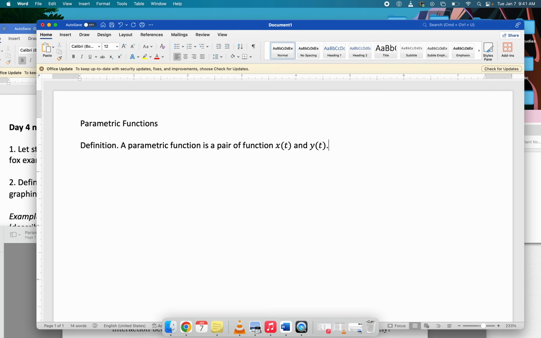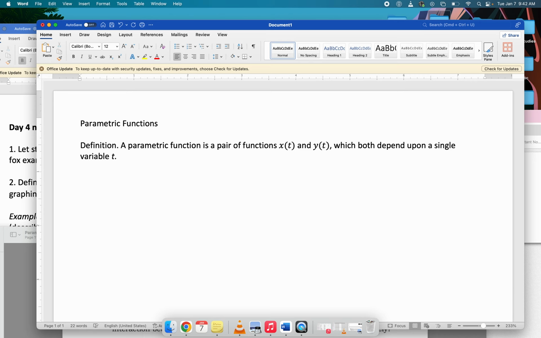So a parametric function is really a pair of functions, x of t and y of t, which both depend upon a single variable t. And that's kind of it. It's a pair of functions, all right? One of them is called x of t, one of them is called y of t, and both of these functions are functions of the same variable t.